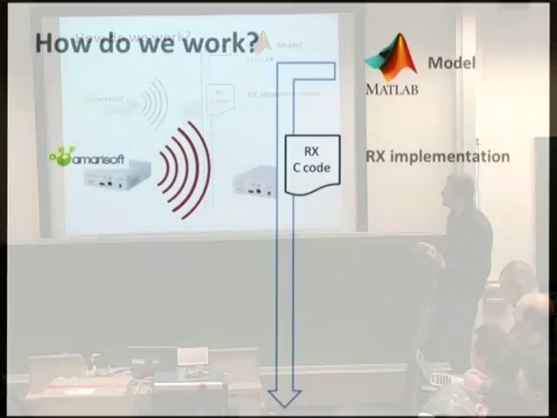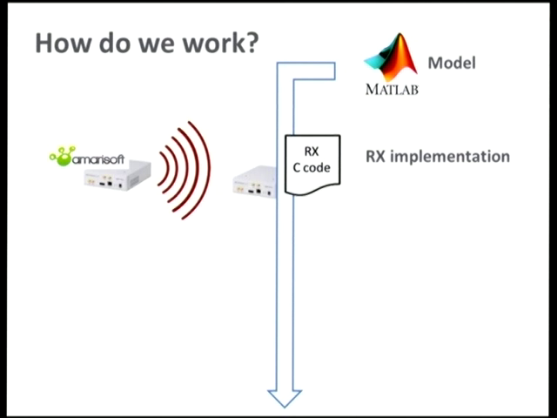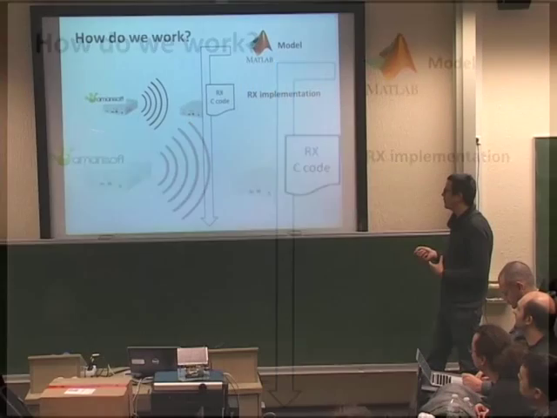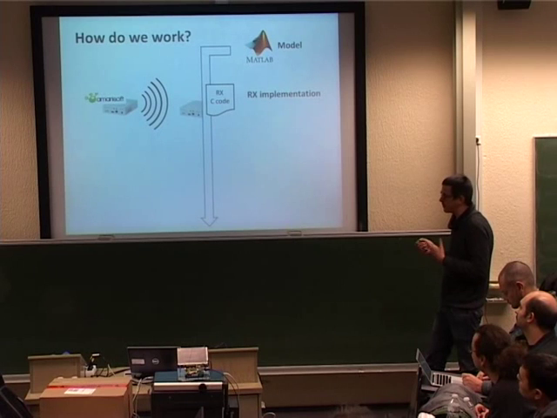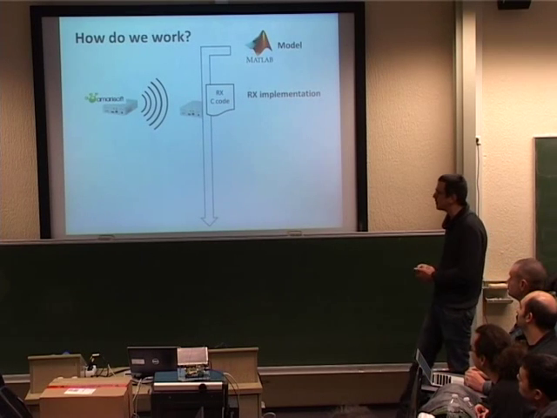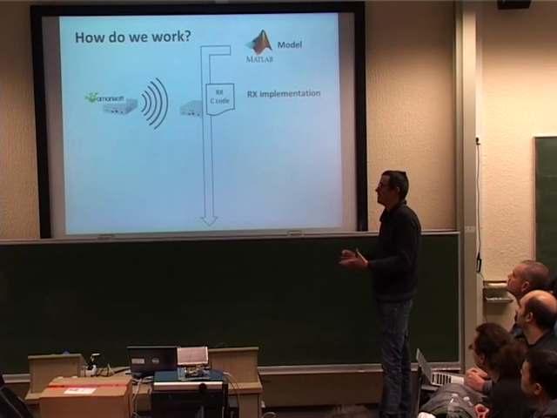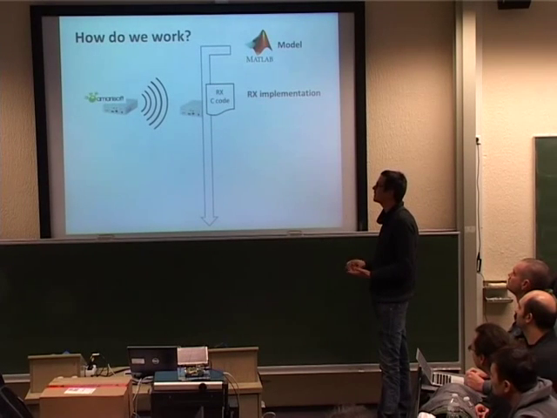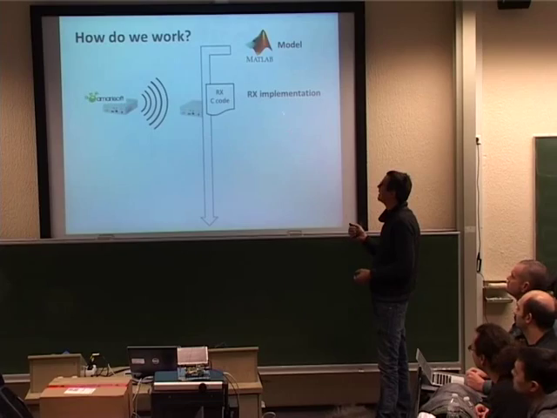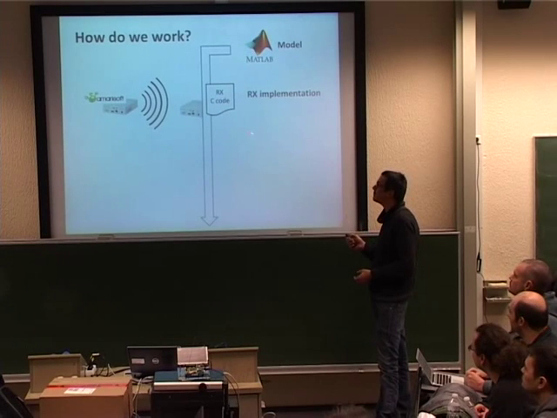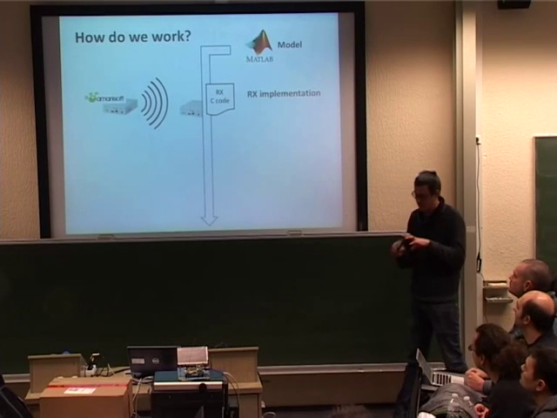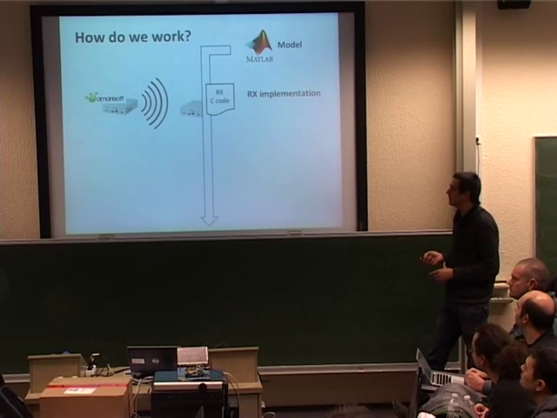Here I try to describe how we are working with this library. You start with a MATLAB model, and we use a reference base station, which happens to be the Mariseft, because it's much cheaper than a professional signal generator. And then we implement our receiver code of a specific functionality.